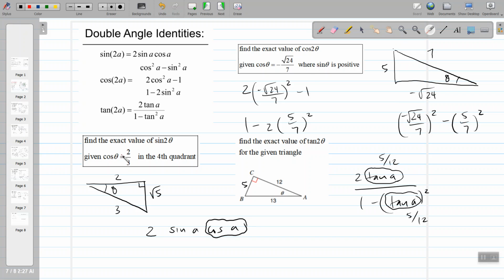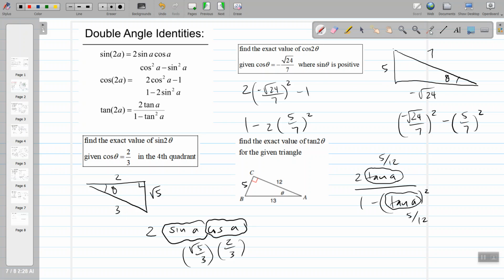They told us cosine is 2 over 3. And based on the triangle that we just filled out, we can figure out the sine part. For the sine part, sine is opposite over hypotenuse, so that'll be rad 5 over 3.